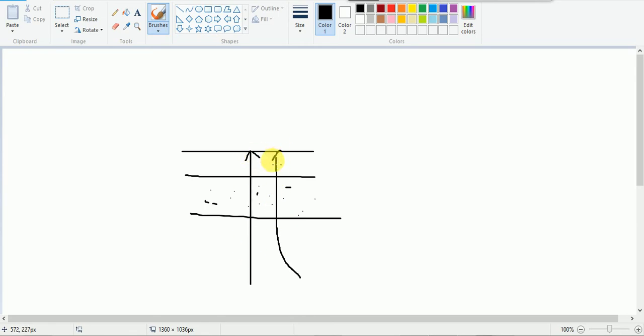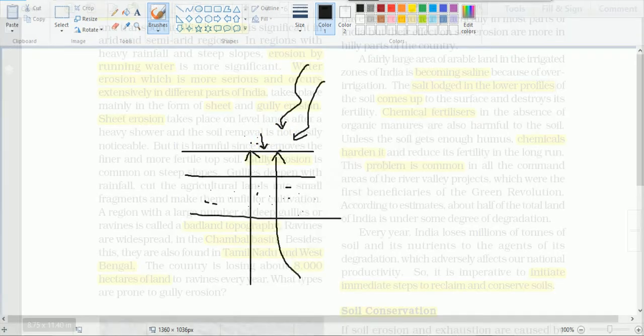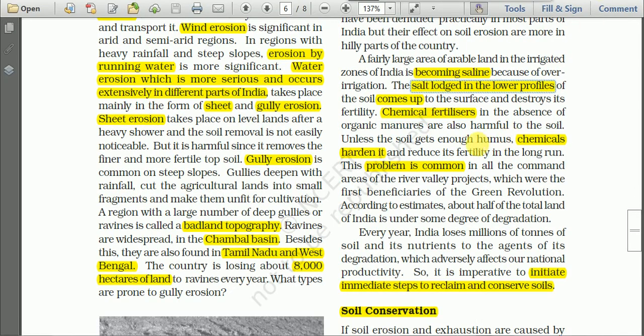This water will dissolve these salts and carry them upward to the surface, and due to the bright sunshine, the water will be evaporated and the crystals of salt will remain on the surface, and thus the soil becomes saline. So this also occurs in these highly irrigated areas of India.